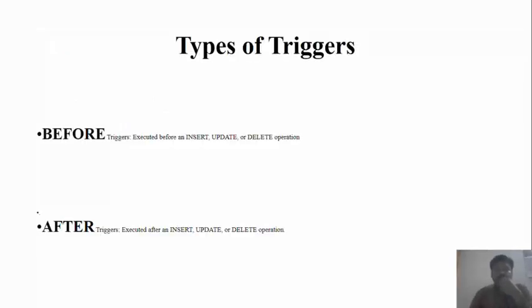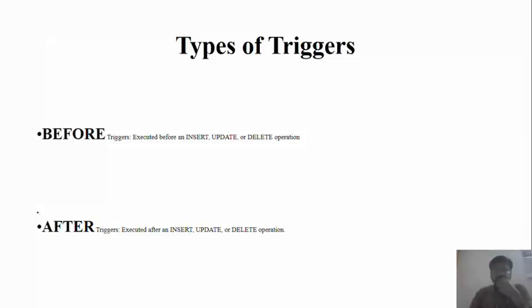There are two types of triggers, before trigger and after trigger. A before trigger is executed before an insert, update or delete operation. An after trigger executes after an insert, update or delete. These are called DML commands: insert, update, delete.